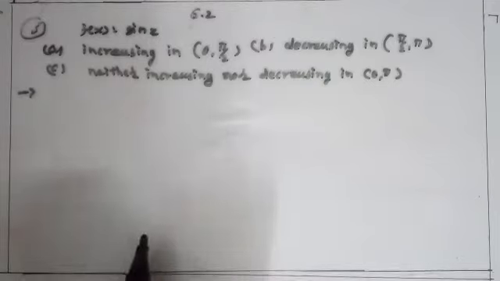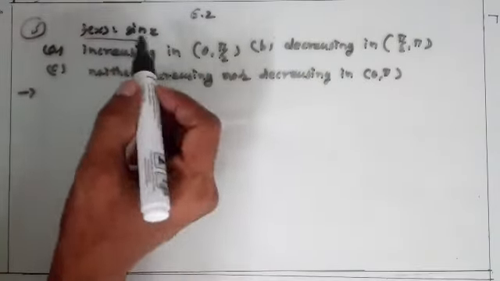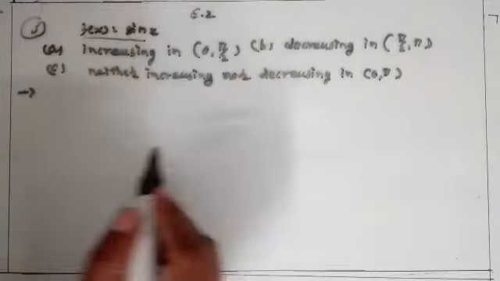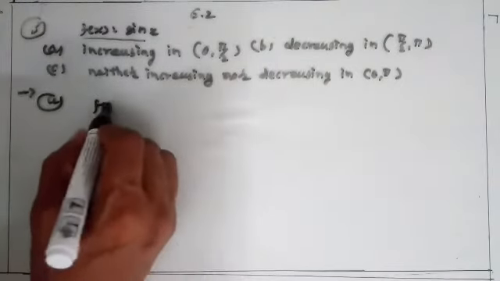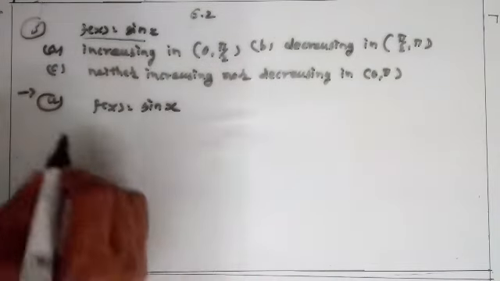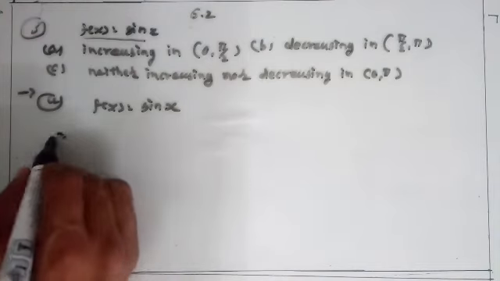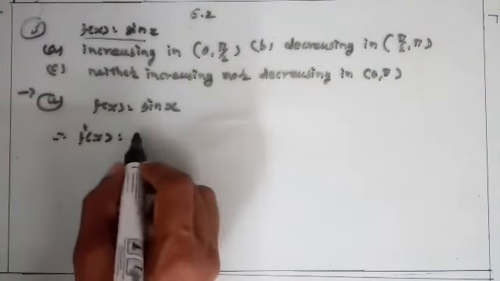Here, f(x) is equal to sin x. Differentiate with respect to x, we get f dash x equal to cos x.